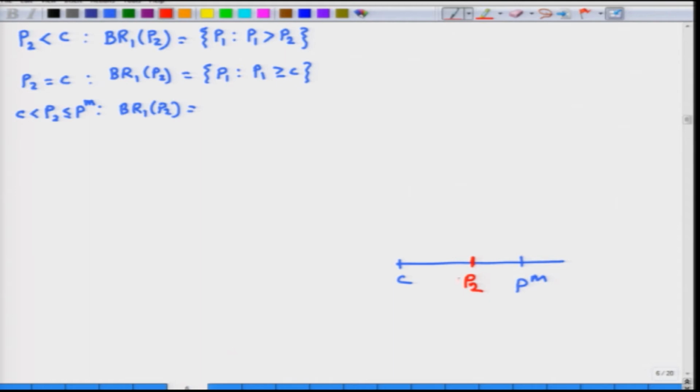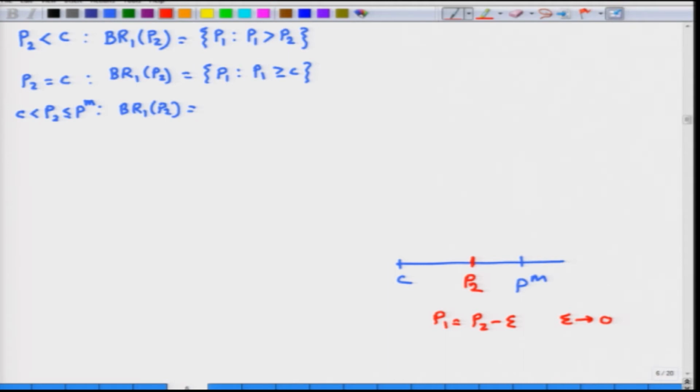Well, because firm 2's price is greater than C, firm 1 can essentially choose a price P2 minus epsilon, where epsilon is a number which is tending to 0. So, if I undercut firm 2 by a tiny bit, then I am pricing below what firm 2 is charging. So, I am going to get the entire market demand and my profits are going to be positive.